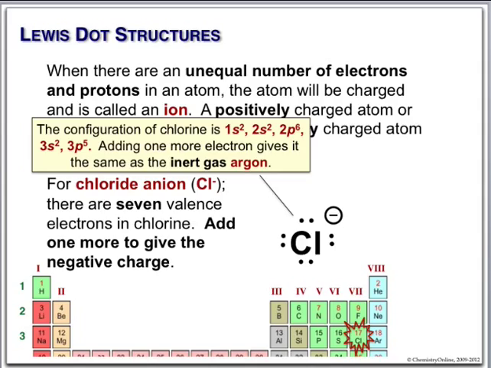So chloride anion has a -1 charge. We start here at chlorine, add our electron, and it is just like argon, the inert gas.